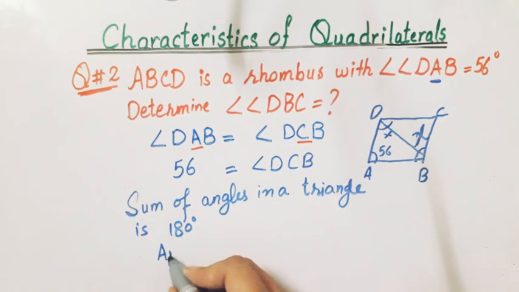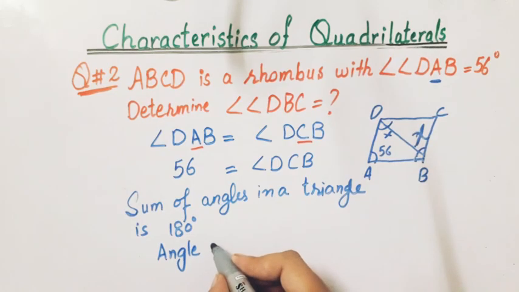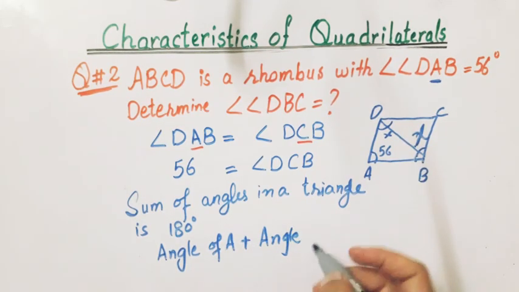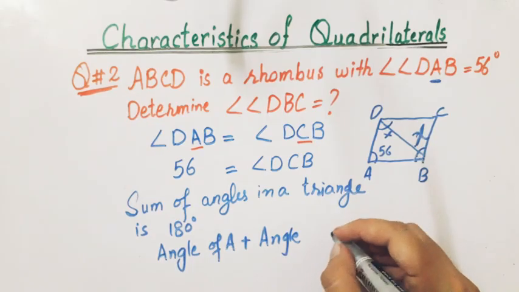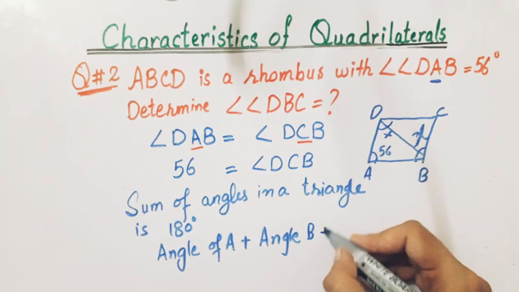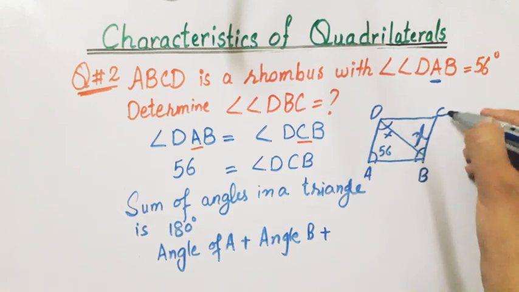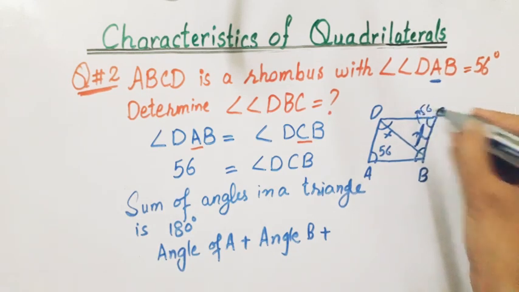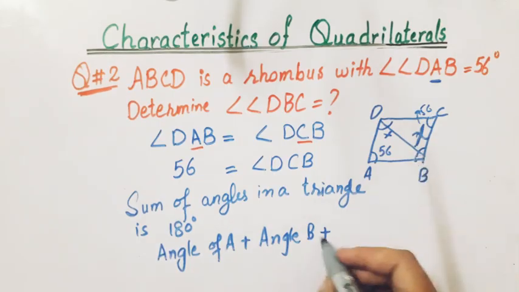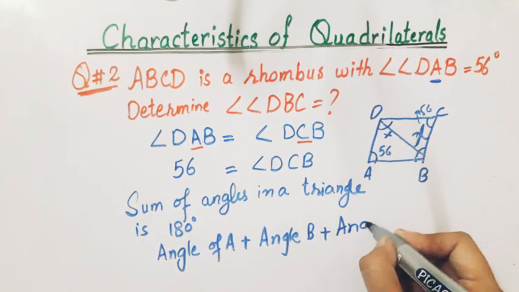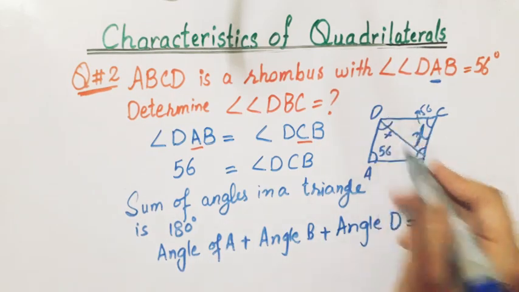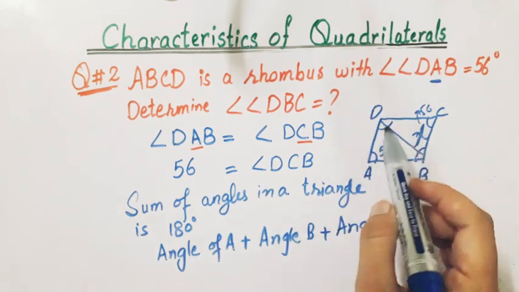So you can write this as angle of A plus angle of B plus angle of D equals 180 degrees, because the sum of angles in a triangle is 180.